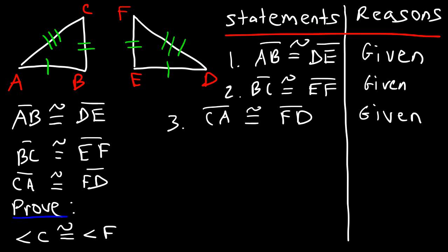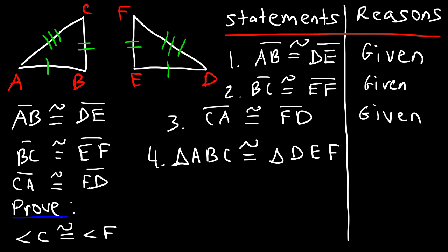So now what postulate can we use to prove that these two triangles are congruent? So in step 4, we could say that triangle ABC is congruent to triangle DEF. Now make sure you write this in a certain order. Notice that BC is equal to EF based on the two tick marks that you see there.